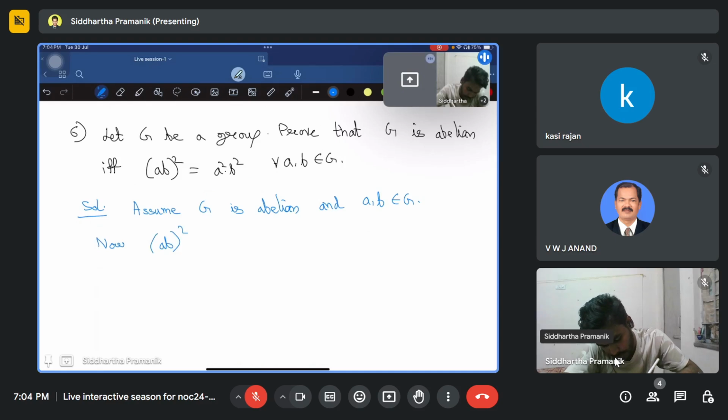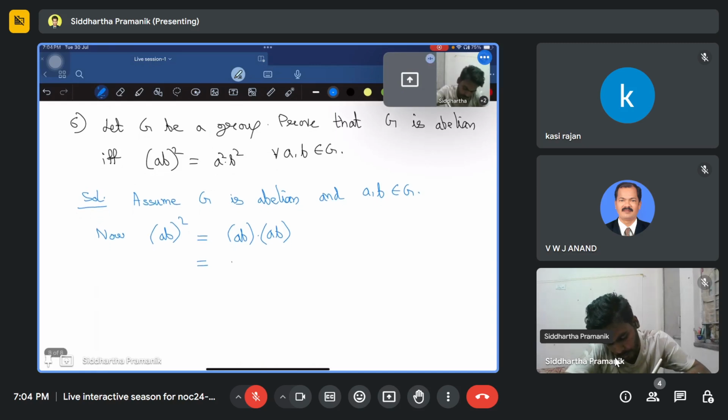Now (ab) squared is the same as ab times ab. That is by the definition of the exponent of elements. If we use associativity, this is the same as a, ba, times b.